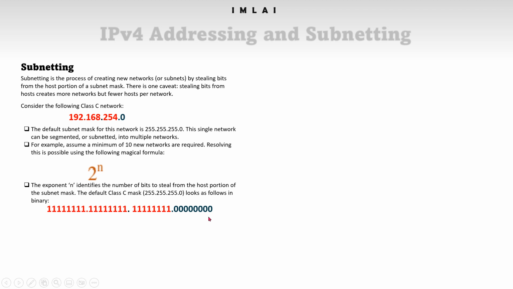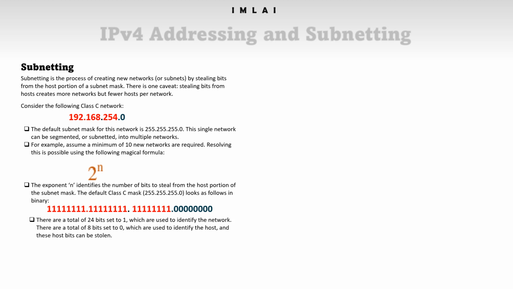There are a total of 24 bits set to 1 out of 32 bits, which are used to identify the network. There are 8 bits set to 0, which are used to identify the host, and these host bits can be stolen.